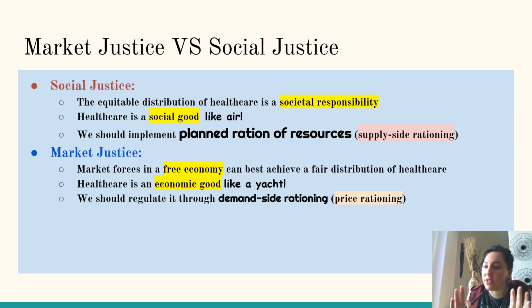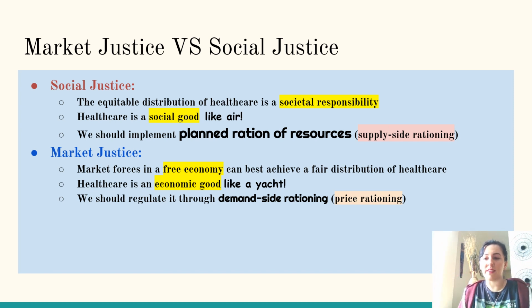If we were to implement social justice completely, it would be through the planned ration of resources, a term called supply side rationing.